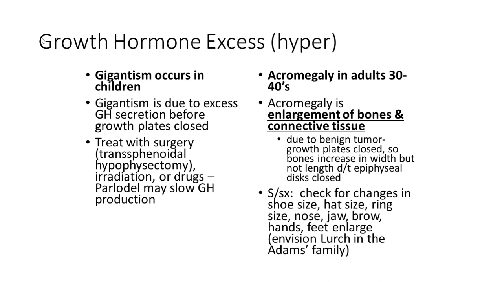So remember when I said for an endocrine assessment, you're going to ask them if they have had any issues, if maybe they were a size 6 and now they wear a size 10 shoe. This is what happens when you get an adult. A lot of times shoe size is a big red flag, hat size, ring size, hands, and their hands and the feet get bigger.